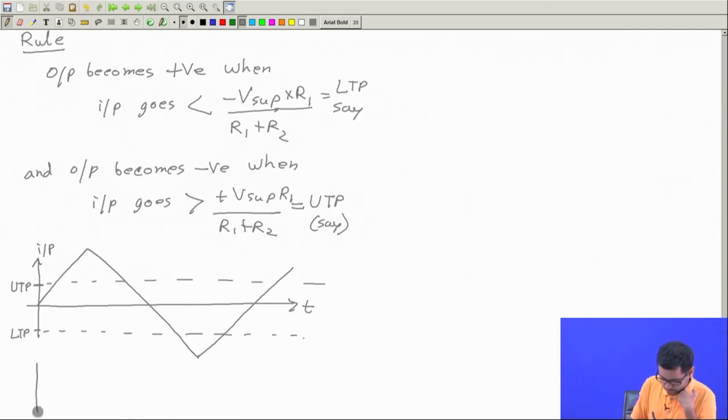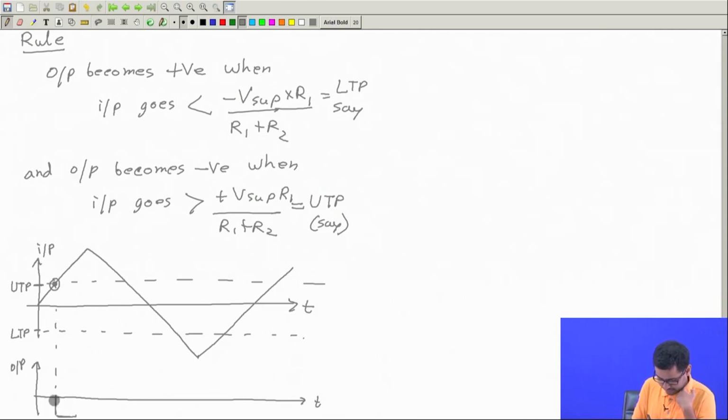And then how will the output be? You see at this moment input is crossing the upper trigger point, it is going above this. So, output will become negative.